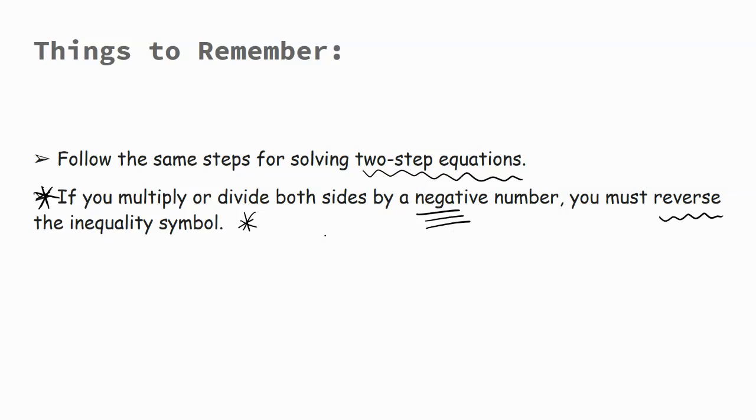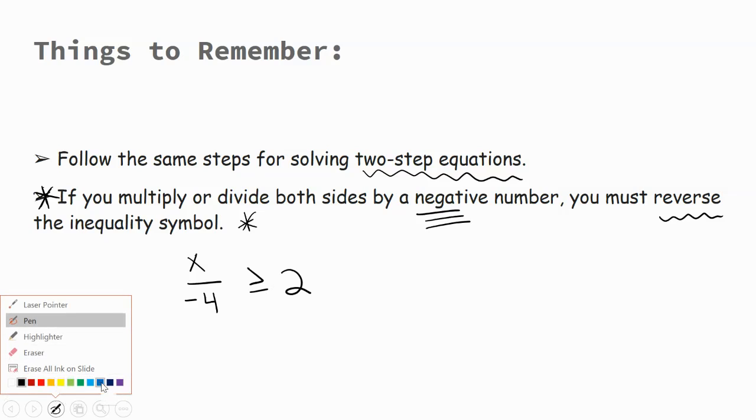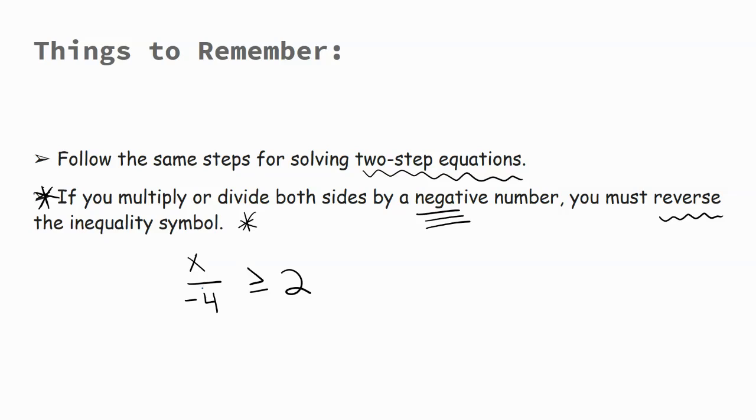Now, here's two really quick examples of what I'm talking about. So here's a little one-step inequality. Let's say we have x over negative 4 is greater than or equal to 2. Now, like I said, the steps are the same. So we still want to isolate our variable, which is x, right?